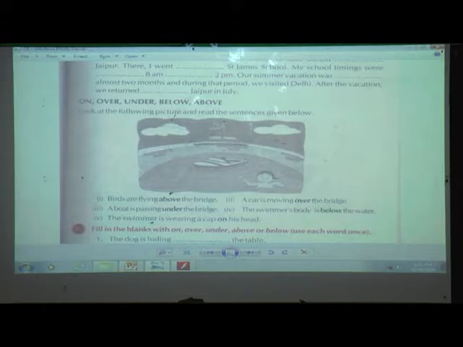Now you have to look at the following picture and read the sentences given below. Can you see one picture here? What can you see? Birds are there, a car is there, a boat is there, one boy swimmer is there. Now we will read the sentences and then you will come to know how these prepositions have been used.